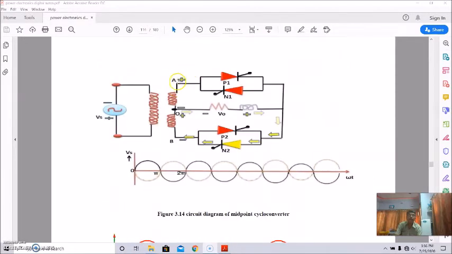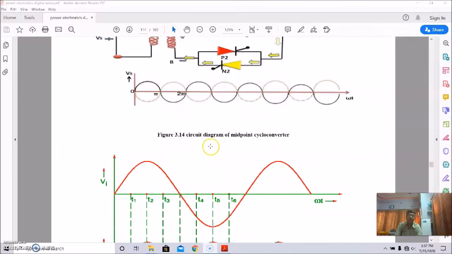This is the positive voltage, this is for the second tap at the midpoint, so this is positive, and negative voltage will be marked in this way. And this is the positive current, the load current.